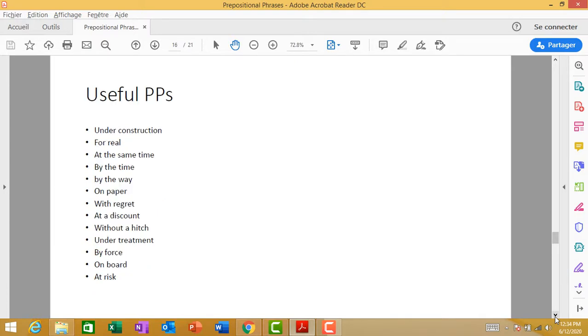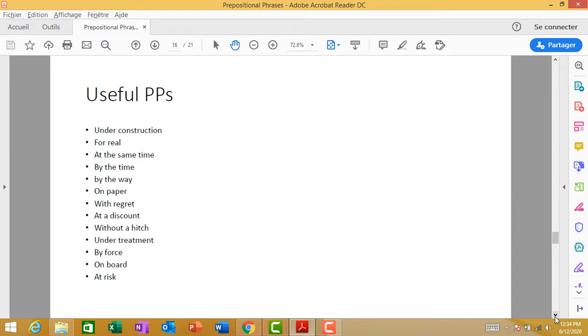So all of these useful prepositional phrases that I have here for you, you will use them in a sentence, and you will do all of the things that we did in the lesson today with them. You will tell me how they are used, if they are used as nouns, as adverbs, or as adjectives.